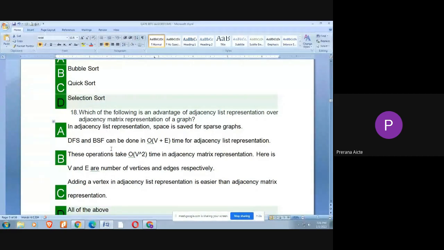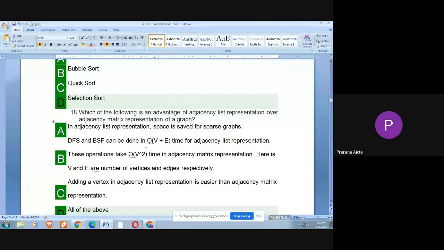Which of the following is an advantage of adjacency list representation over adjacency matrix representation of the graph? So adjacency list representation, if you go to represent the graph, what is the advantage of it compared to adjacency matrix? In matrix representation, we are going to have rows and columns.